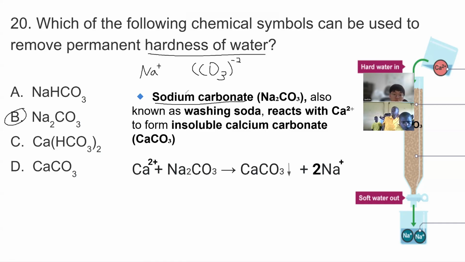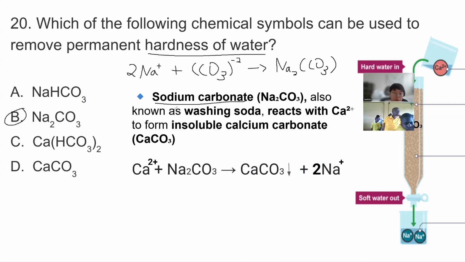That's why you need two sodium ions and one carbonate ion in order to form Na2CO3. Right? Na2CO3.